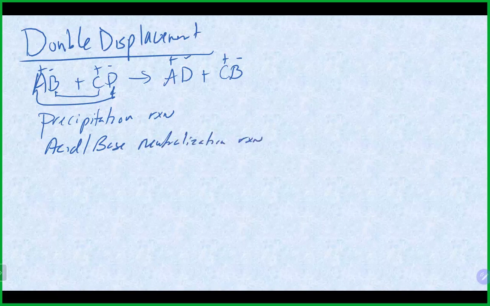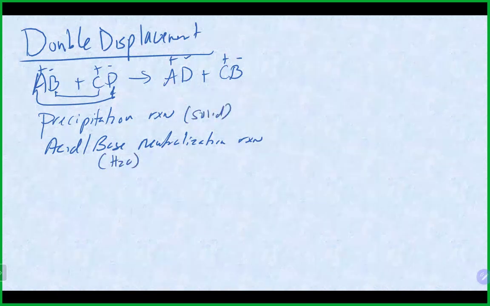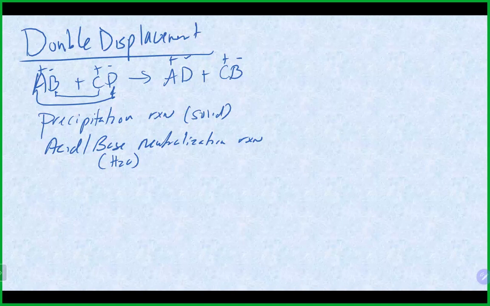Which accounts for, again, water being formed and a solid being formed, which are two of the three reasons for a reaction to take place. There is no misunderstanding: no electrons are being transferred in a double displacement reaction. They have the same charge on the left-hand side and the right-hand side. So no transferring of electrons happens in either a precipitation or acid-base reaction, both of which are double displacement reactions.